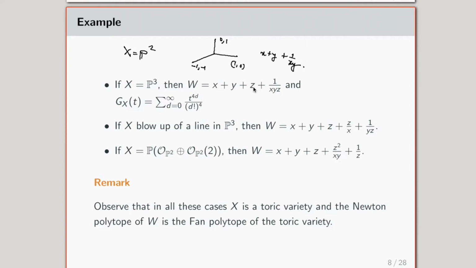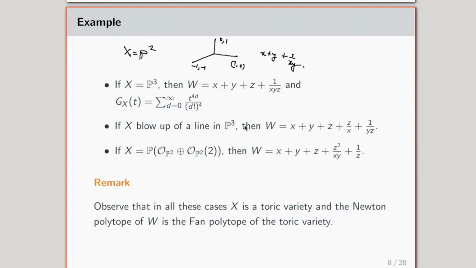In particular, what I want you to observe is that the Newton polytope is just the polytope given by the convex hull of the exponents of a Laurent polynomial. If you just look at the Newton polytope, you should get the fan polytope of the toric variety. Okay, so this is the basic observation, and in all these cases, it has been checked that the periods of this Laurent polynomial actually give you the generating function for the descendant Gromov-Witten invariants.